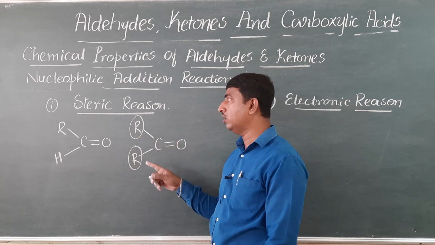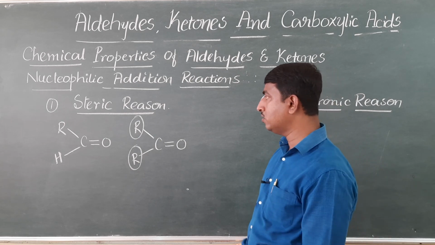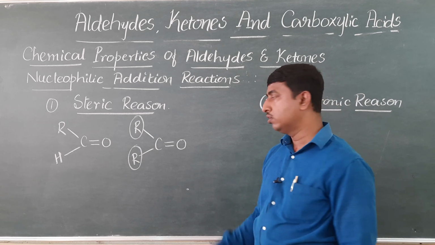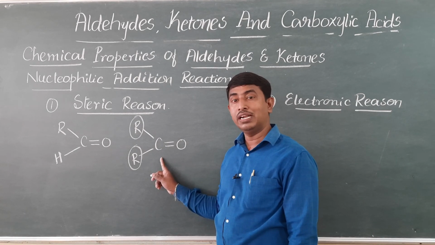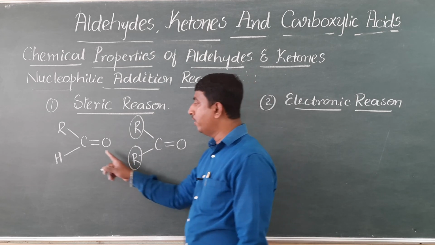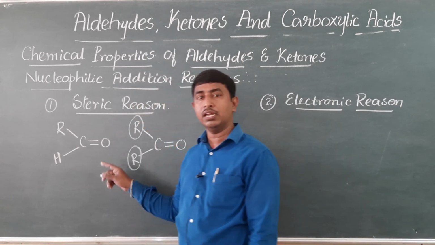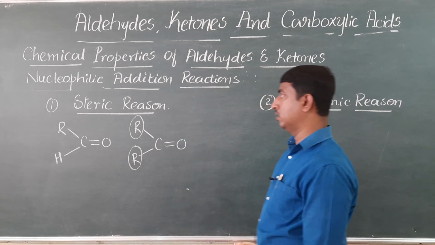This repulsion we call steric hindrance, or steric repulsion. Because of it, nucleophilic addition takes place at a slower rate in ketone, whereas it takes place at a faster rate in aldehyde. This is the first reason.